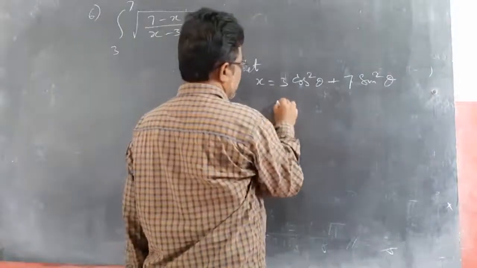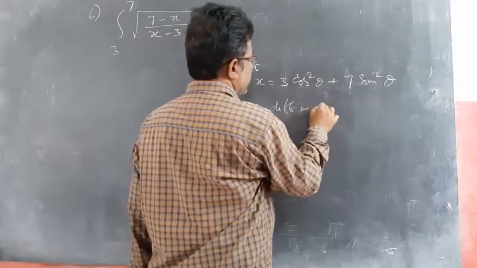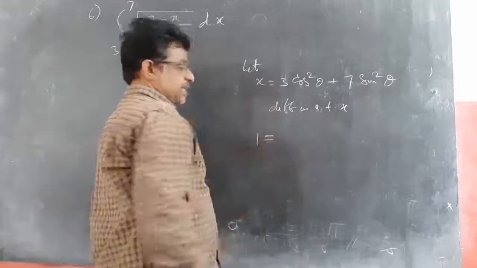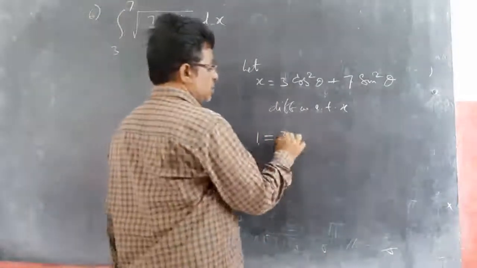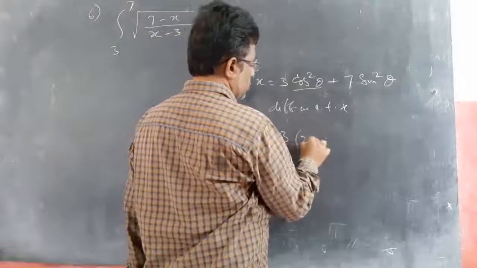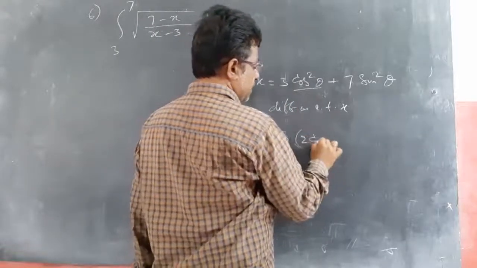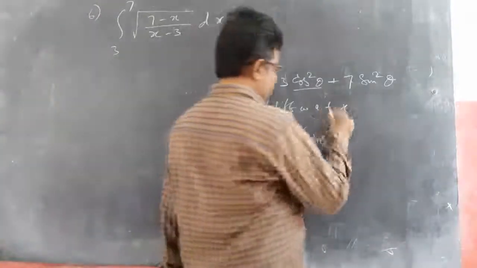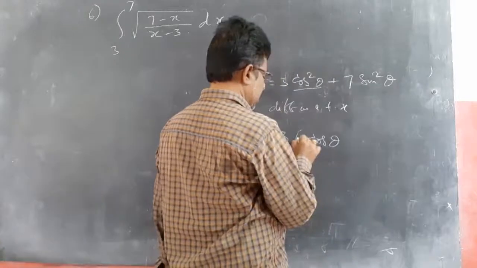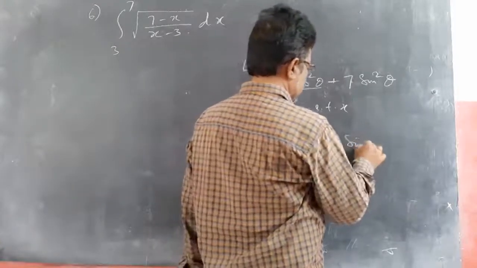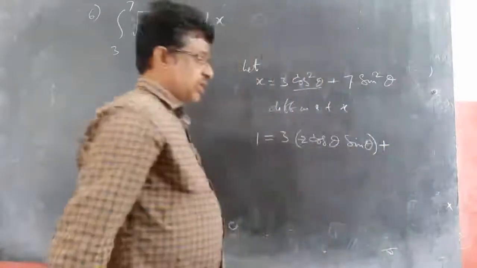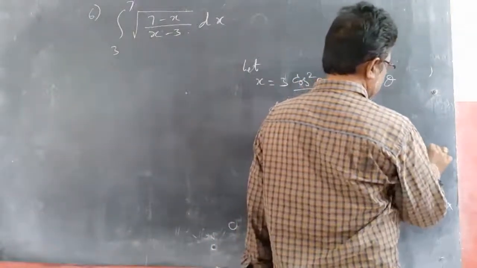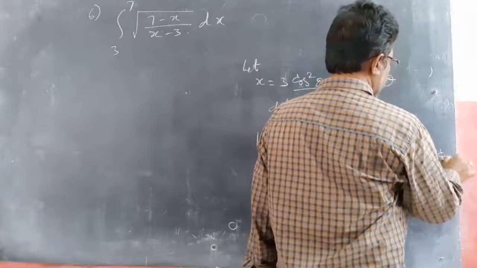Now, differentiate with respect to x. The derivative of x with respect to x is 1, equal to 3 into the derivative of cos square theta. By the x power n formula, n into x power n minus 1, that means 2 cos theta into the inner derivative, the derivative of cos theta, which is minus sin theta, plus 7 into sin square theta, 2 sin theta into the inner derivative cos theta.